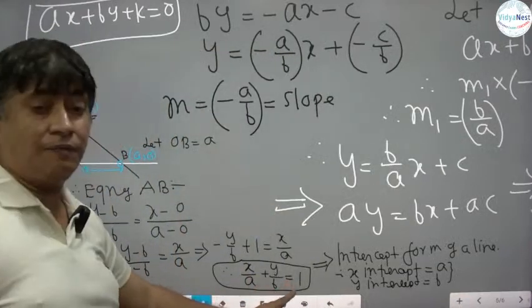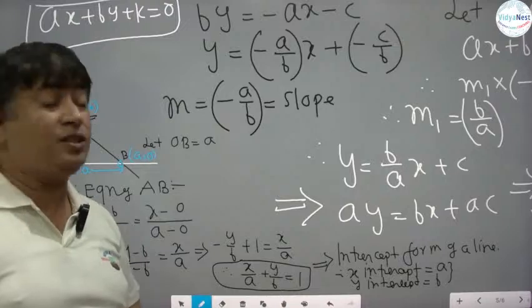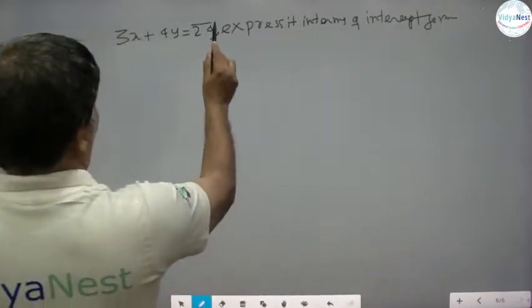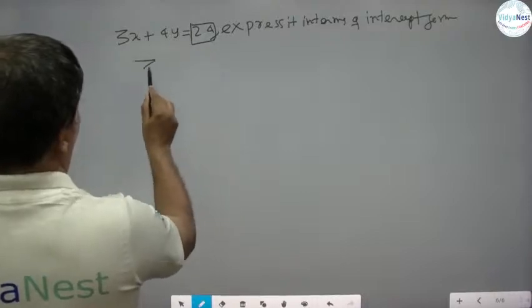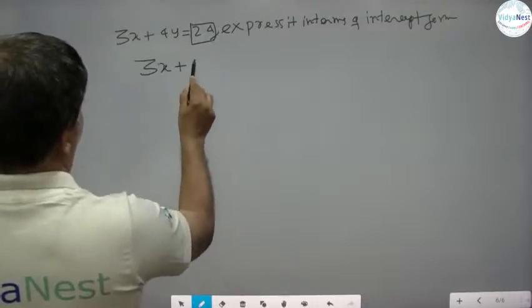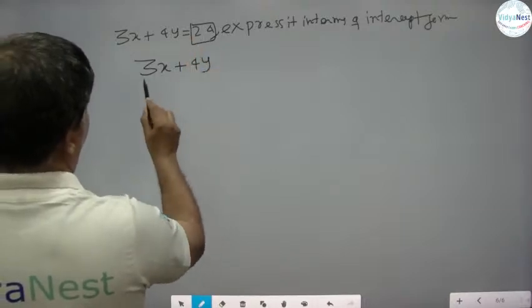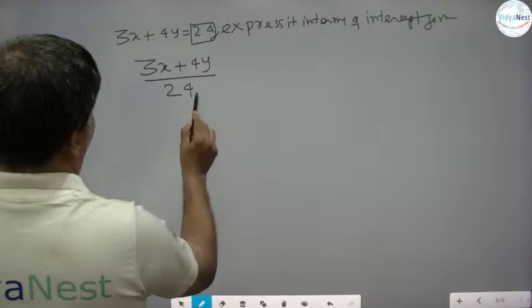In intercept form, the right hand side needs what? 1. But here in the right hand side, what do we have? 24. So you have to bring 24 to 1 here, divide both sides by 24.